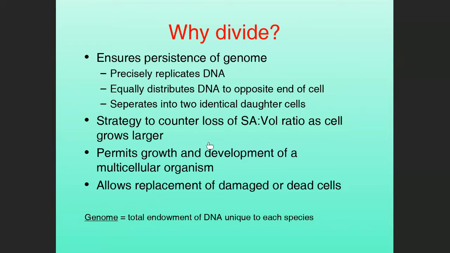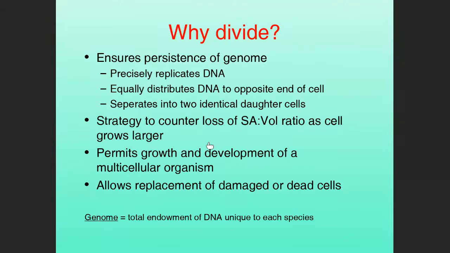When the cell is larger, the surface area to volume ratio becomes lower. So nature has produced this strategy of dividing cells to increase the surface area to volume ratio, because as a single cell grows larger, its surface area becomes less.